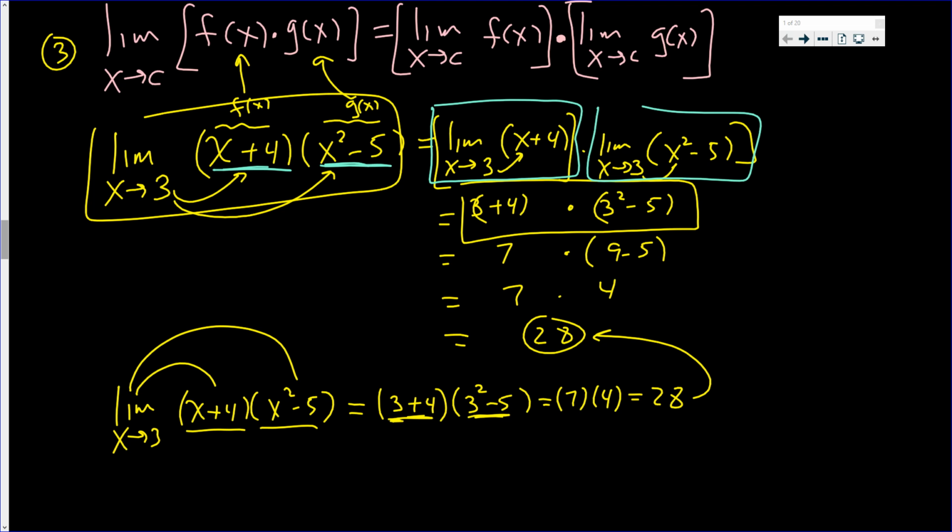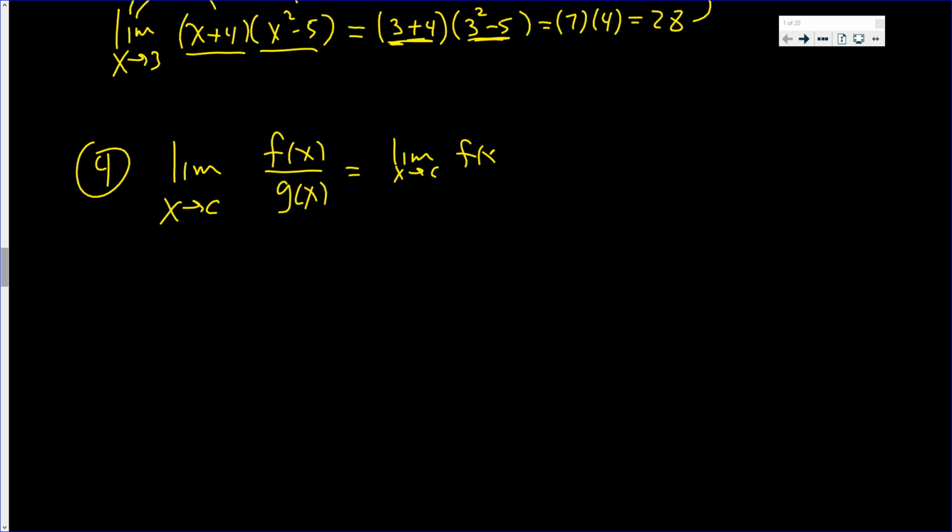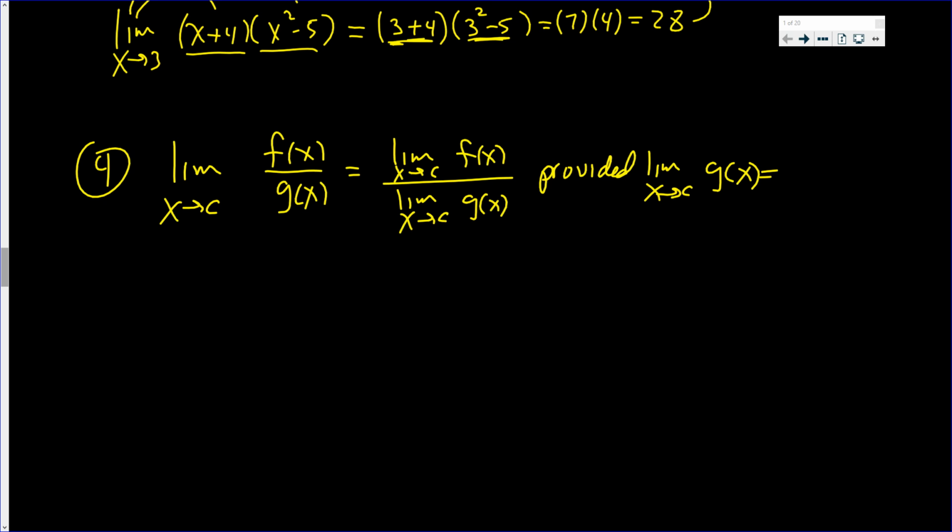Okay, now we have a similar rule for division. We'll call it rule number 4. The limit as x goes to c of f of x over g of x is equal to the limit as x goes to c of f of x divided by the limit as x goes to c of g of x, provided that the limit as x goes to c of g of x is not 0.